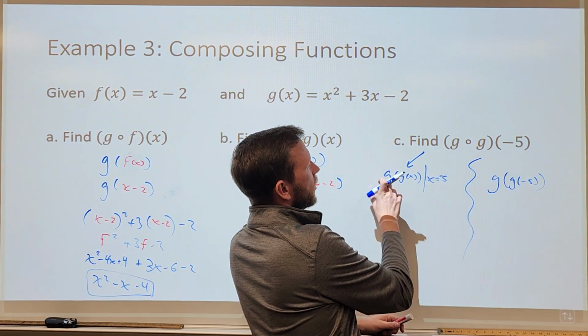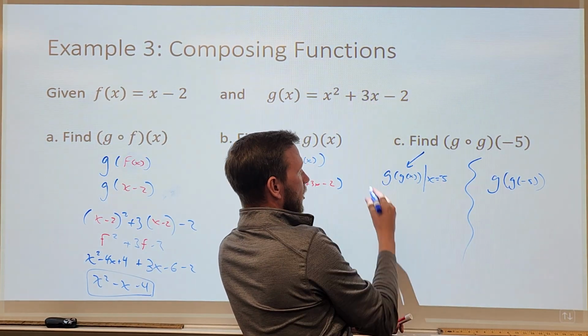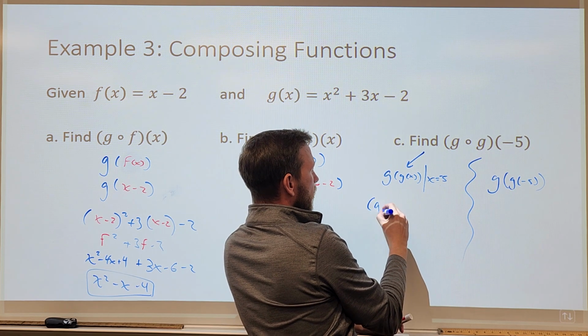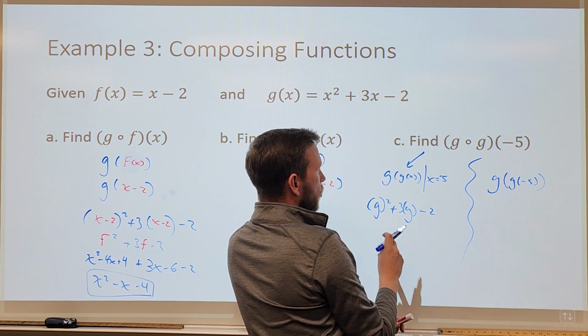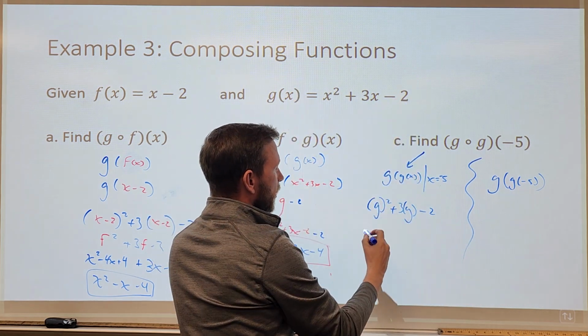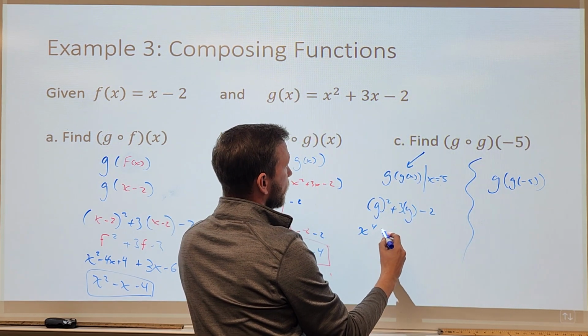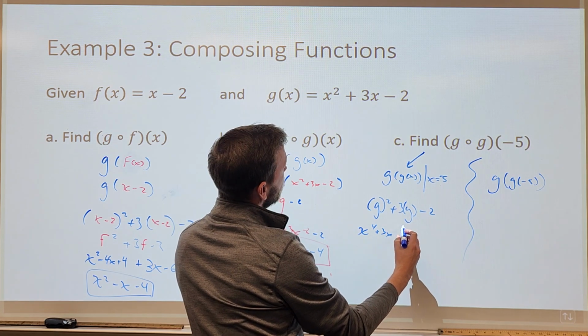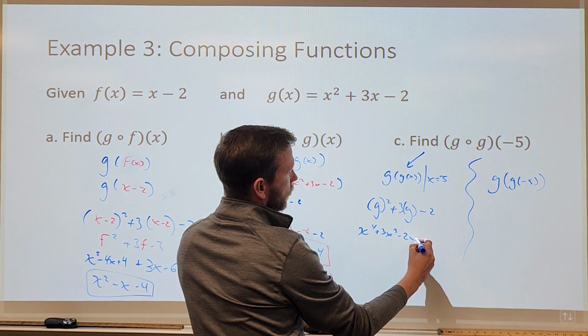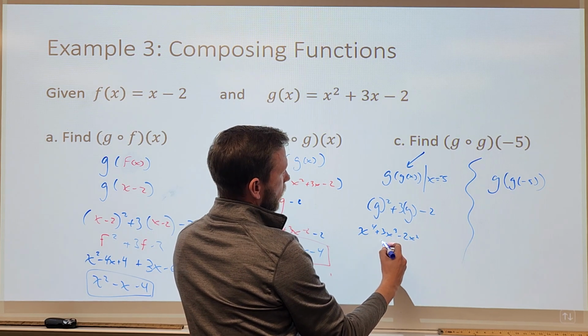If we do g of g of x, this is going to get a little bit messy because we would have g squared plus 3g minus 2. And squaring this is going to get a little bit messy, right? We get x to the 4th, 3x cubed, minus 2x squareds.